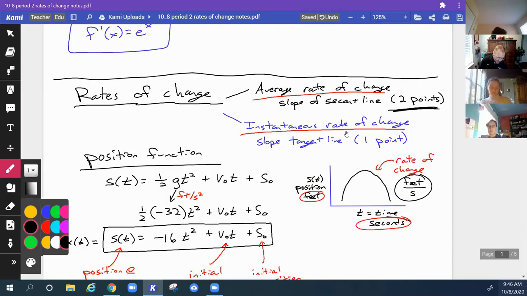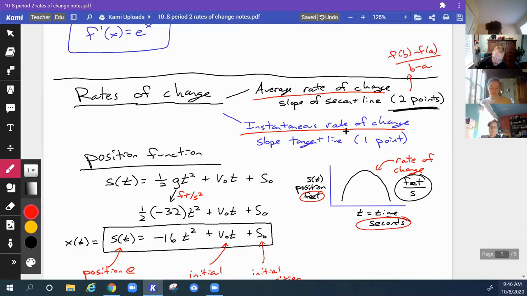This was f of b minus f of a over b minus a. That was the average velocity that we talked about last chapter when we talked about differentiation. So the average rate of change, then the limit process brings those points closer together, which will give me the instantaneous rate of change.